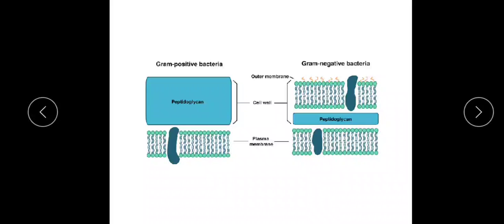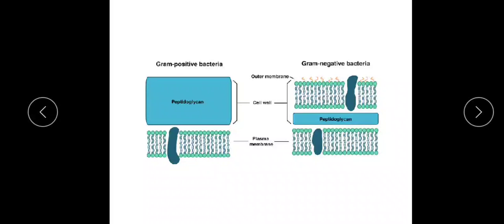It is a peptidoglycan, that is why it is represented as peptidoglycan here. So the bacterial cell wall is made up of peptidoglycan, another name is mucopeptide. So that is the first point.